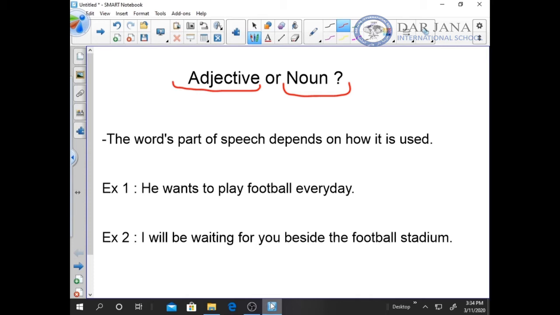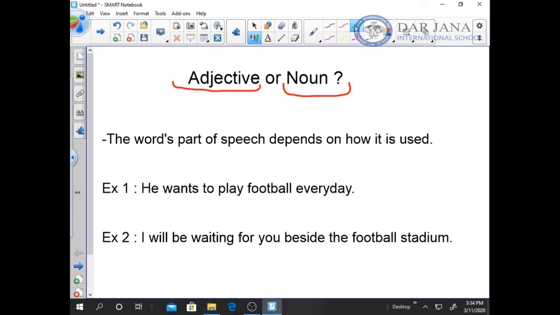So if it is used as a name of something, do I consider it a noun or an adjective? And if it is used to describe something, do I consider it a noun or an adjective? So we will go together to the first example.